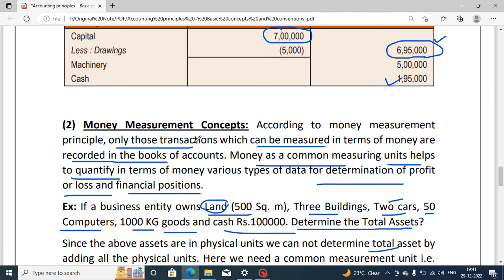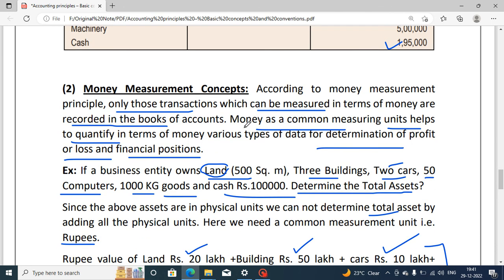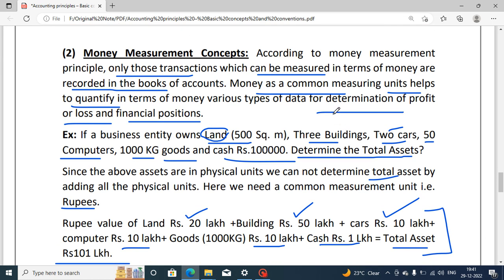We have to record those transactions which can be measured in terms of money, and considering money as a common measuring unit, we have to measure all the assets and all the expenses in monetary form, and then record them.